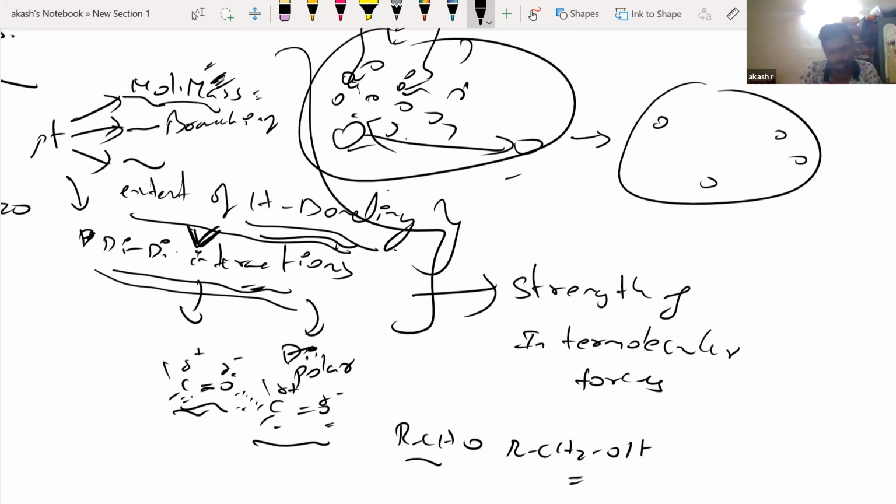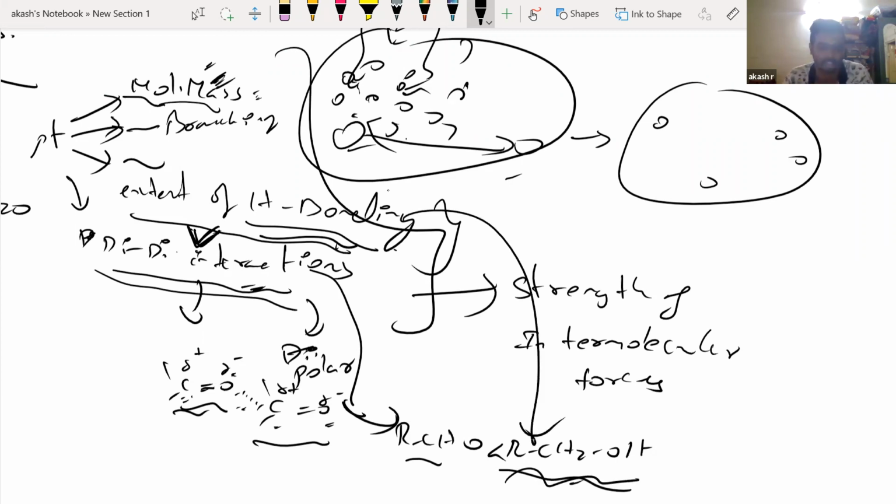The molecular mass was almost similar, but still the alcohol was winning. The alcohols have a higher boiling point because aldehydes and ketones have only dipole-dipole interactions, but your alcohols will have hydrogen bonding. Hydrogen bonding is stronger than dipole-dipole interaction. That's the reason why we say alcohols have a higher boiling point than corresponding aldehydes or ketones.